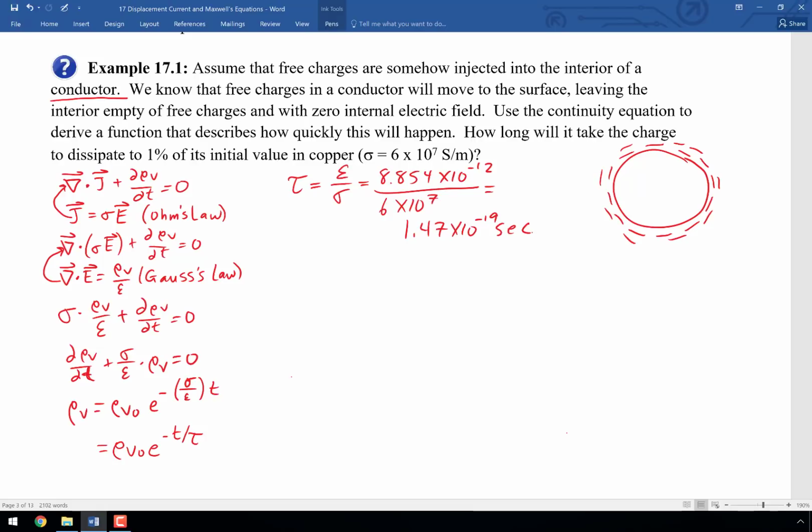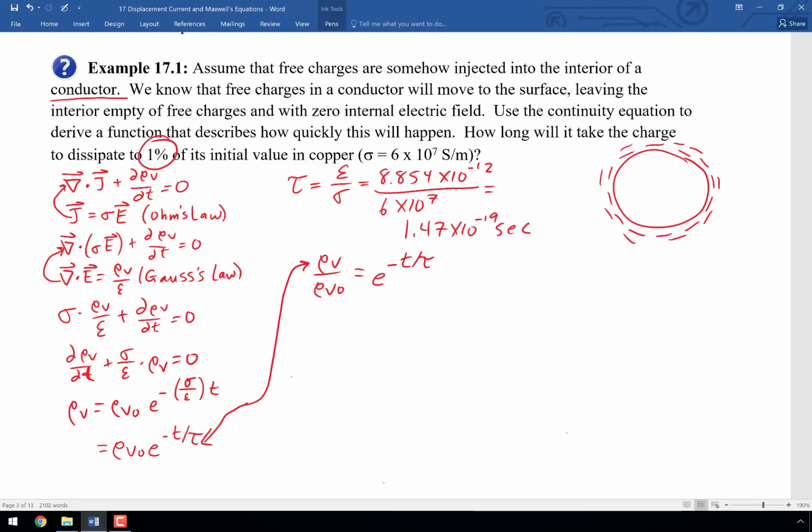So let's go back to this equation right here, and I'm going to say rho sub v divided by rho sub v0 is equal to e to the minus t over tau. And I know the question says, how long will it take the charge to dissipate to 1% of its initial value?